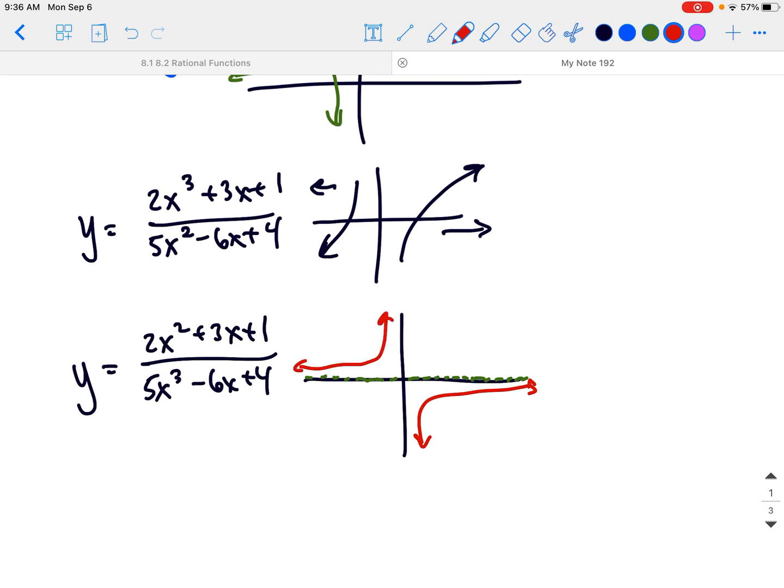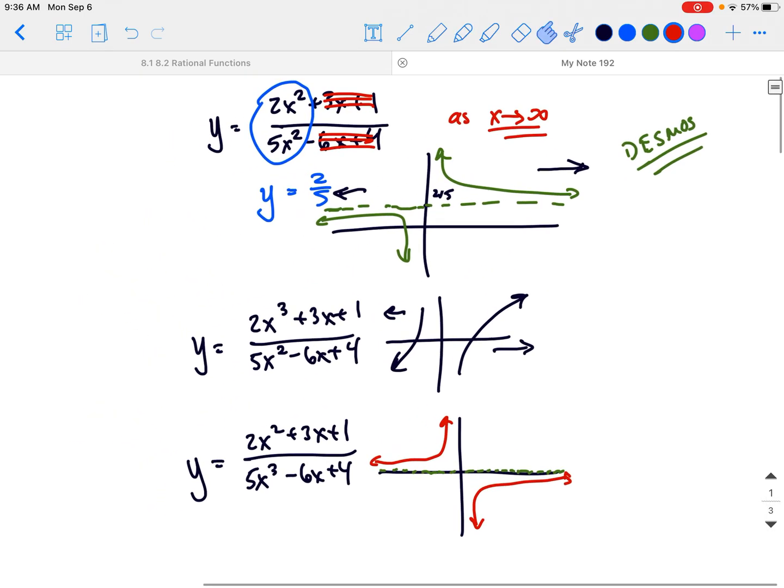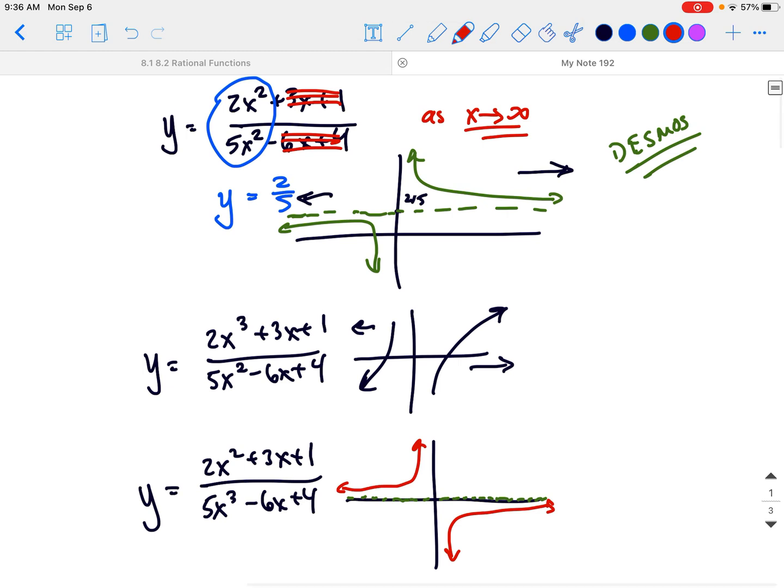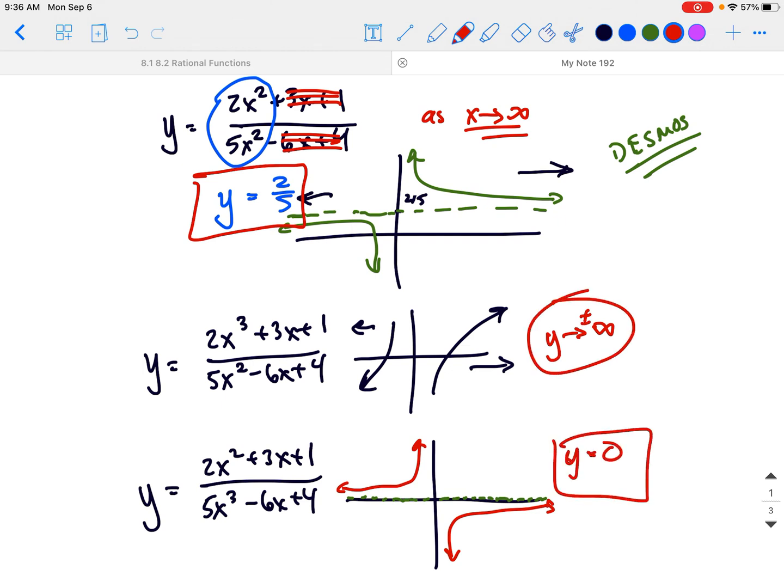So we still need to work out how the graphing analysis is going to look. But you're really going to have three possible scenarios: approaching a non-zero number, approaching some form of infinity, or approaching 0. So those are the three cases.